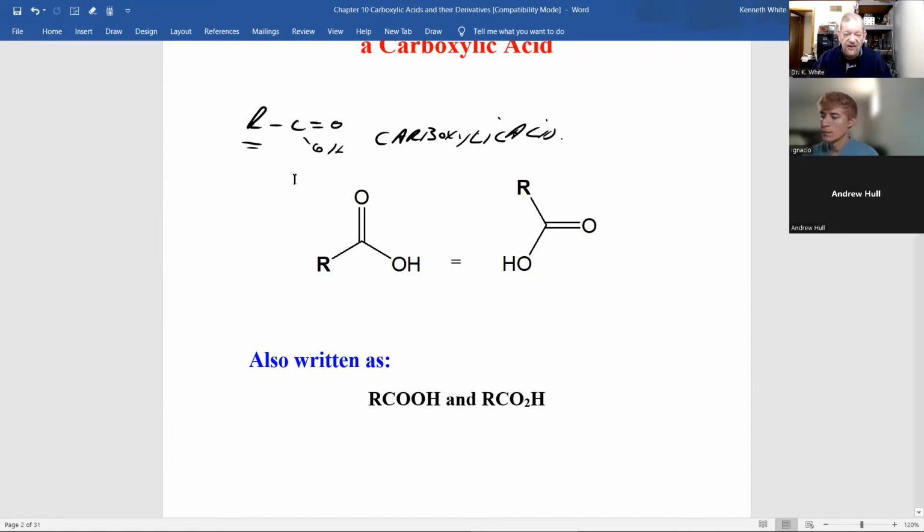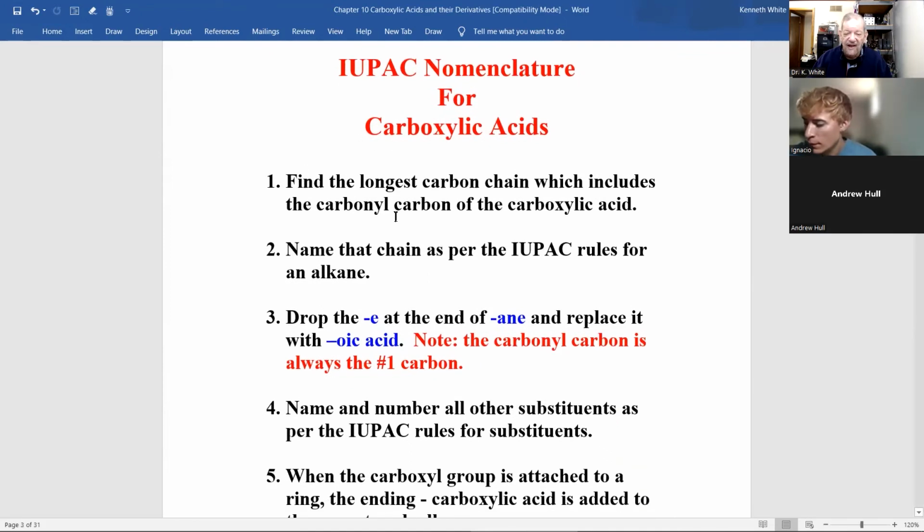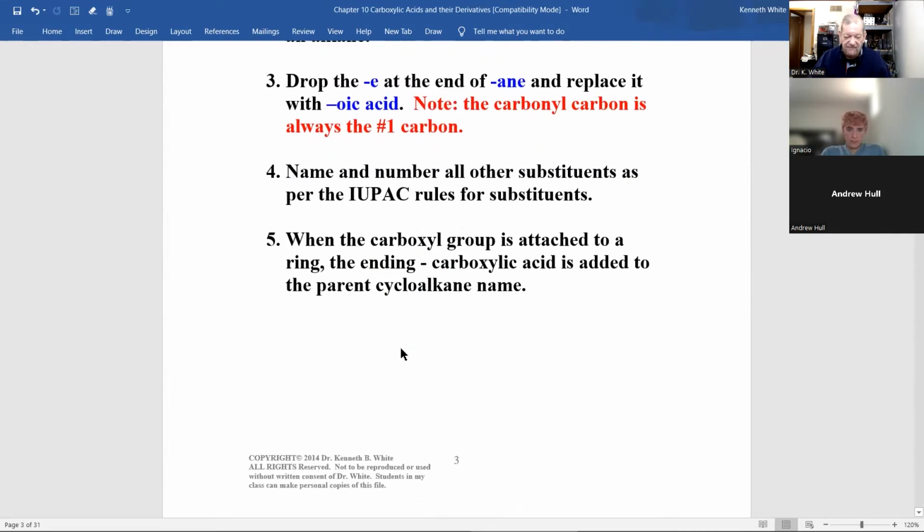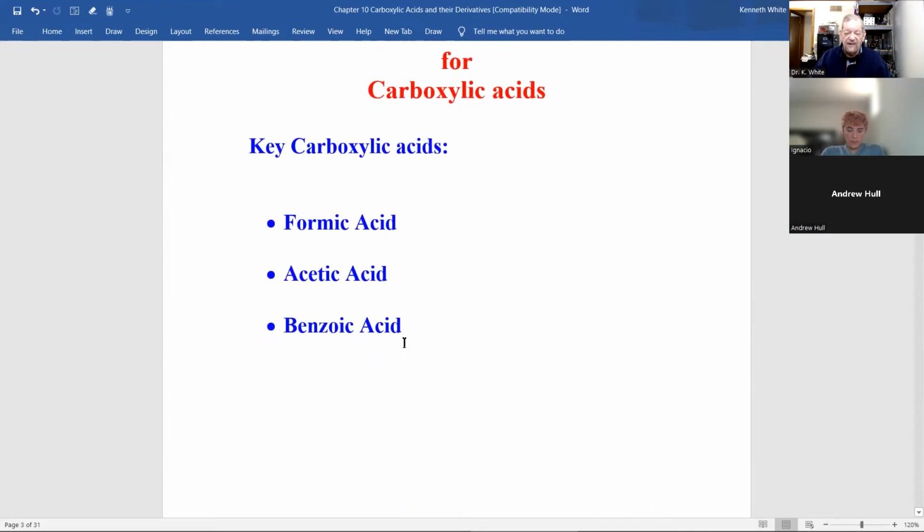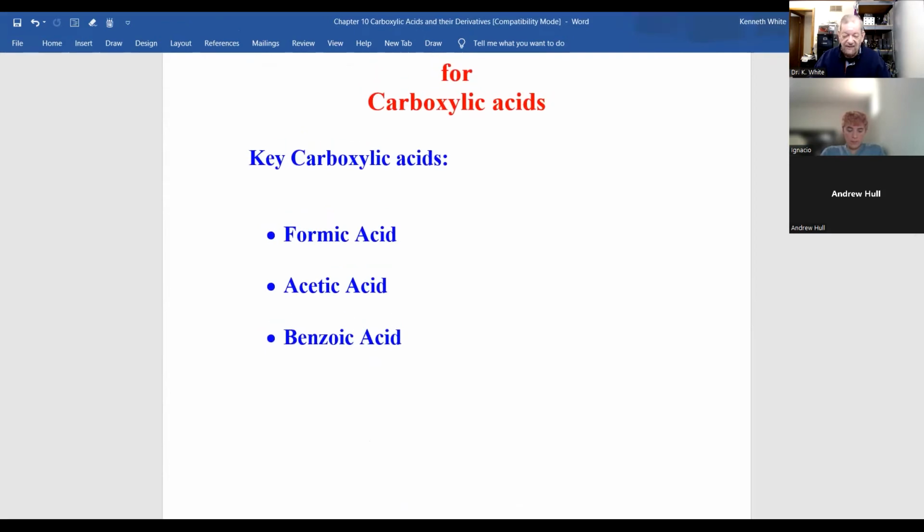You find the longest chain with the carbonyl carbon, name it as an alkane, drop the E at the end, and add the letters OIC and the word acid. Like an aldehyde, the carbonyl carbon is always number 1, and you don't need a number. And you number everything else like you've done before. And let's take a quick jog down memory lane.